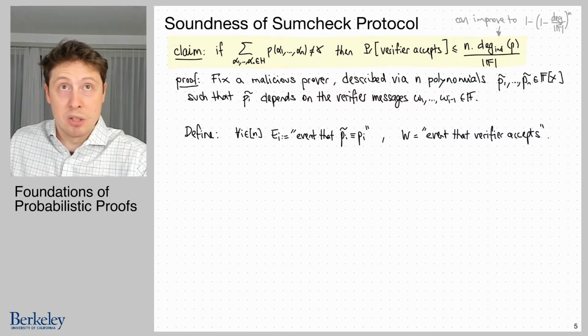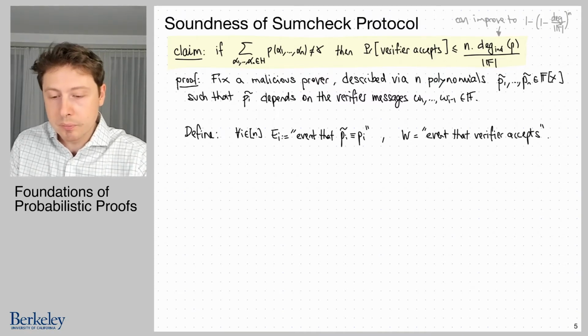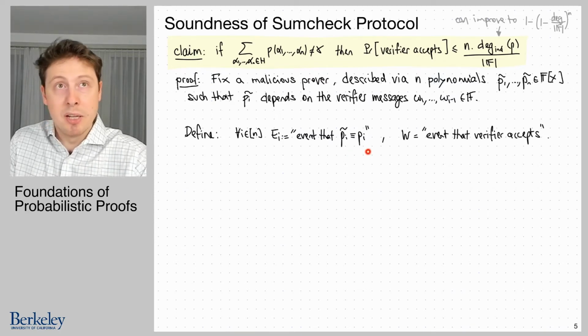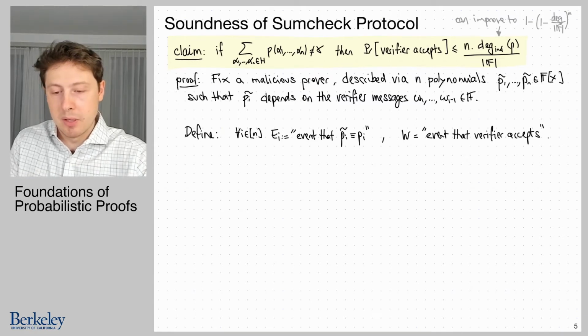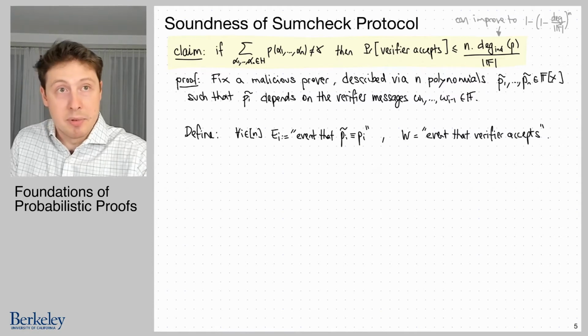They are the partial sums prescribed to the honest prover. So I can just consider the event: is it the case that the ith polynomial sent by the malicious prover happens to be what an honest prover would have sent? Okay? And then I look at some other event, that the verifier accepts. All right?